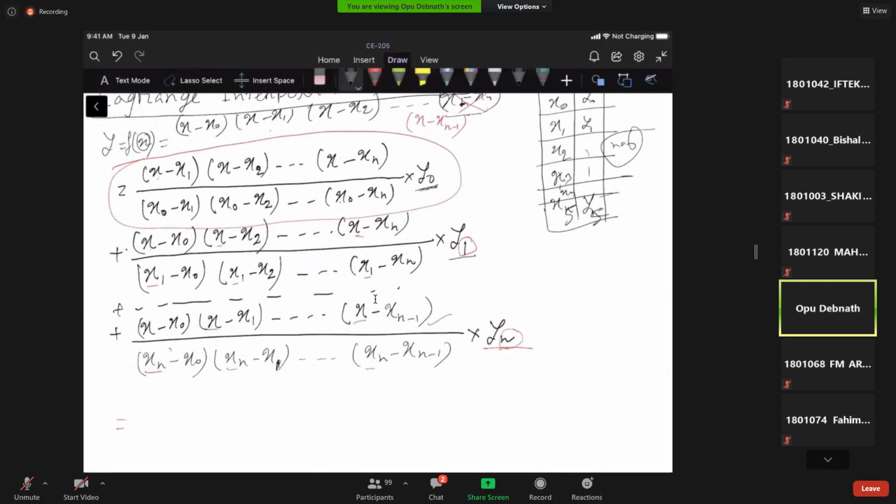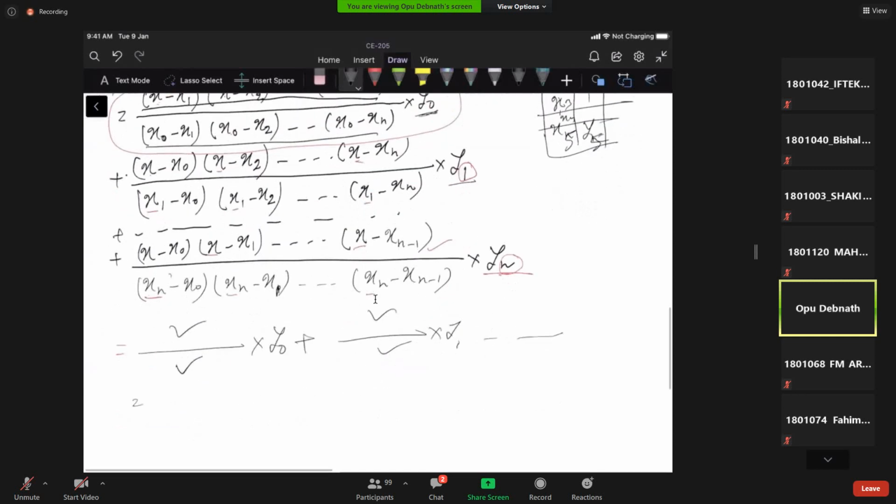That means first calculate this one, write here, calculate this value multiplied by y0 plus another value multiplied by y1 and so on. And next term you calculate this one. This is one value plus another value plus so on, and then you will get the value of y. Okay, simple. I will give you a problem for self study.